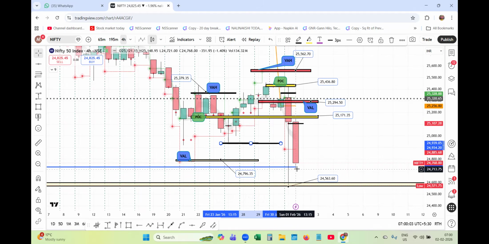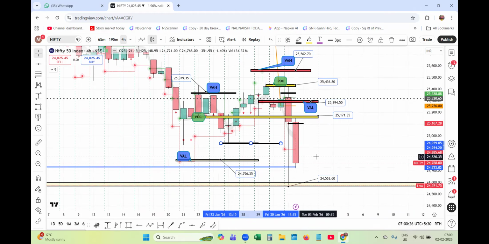So again, it tested this level and closed near the low of the day. It made a low of 24,721 and closed around 24,768. So it is a liquidity sweep candle and it is an imbalance.